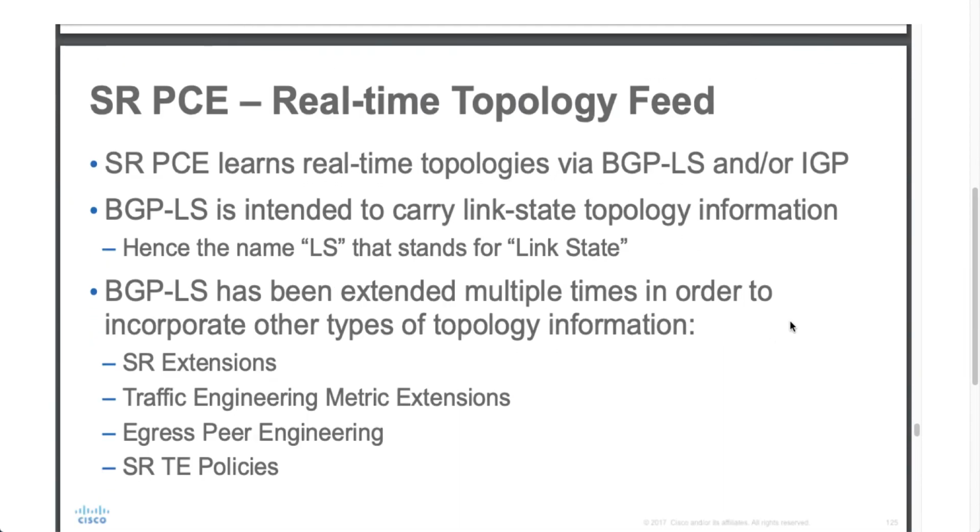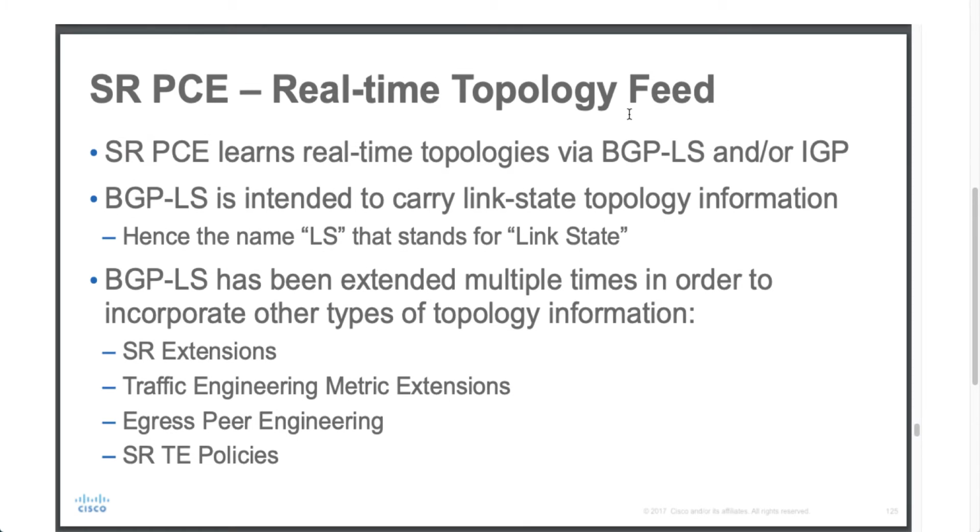Again, your SR-PCE will learn the topology either from BGP-LS or from your IGP. BGP-LS is intended to carry link state topology information, and LS stands for simply link state. That's why when we say LSP, these are link state protocols primarily. BGP-LS has been extended multiple times.